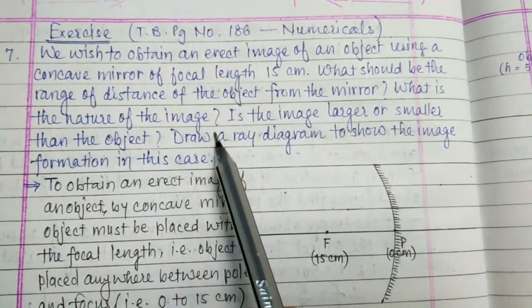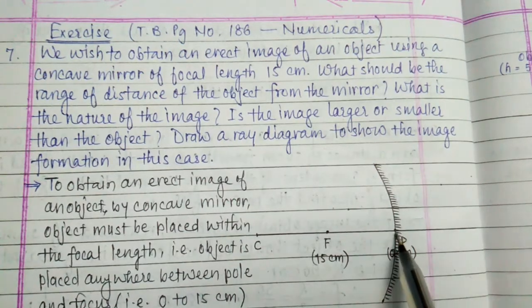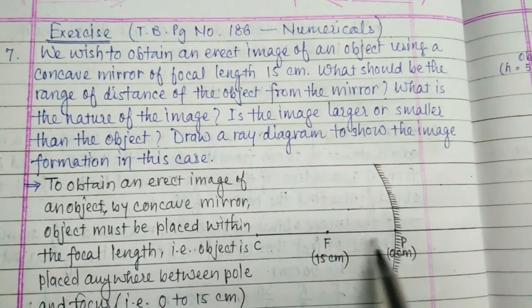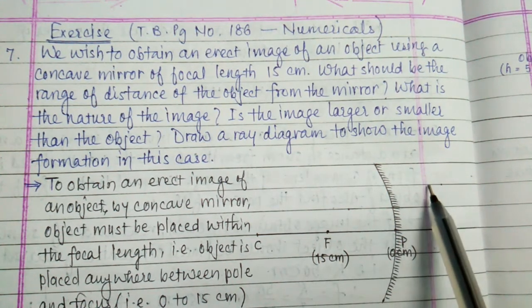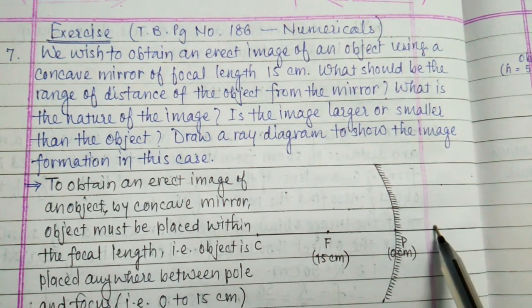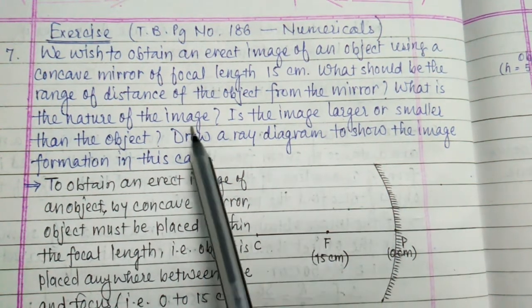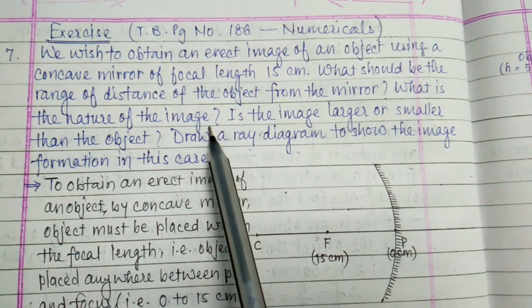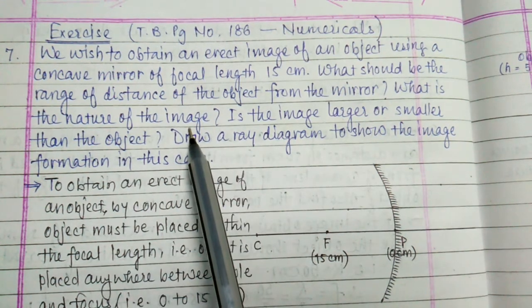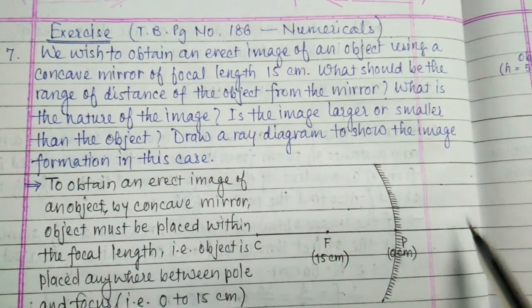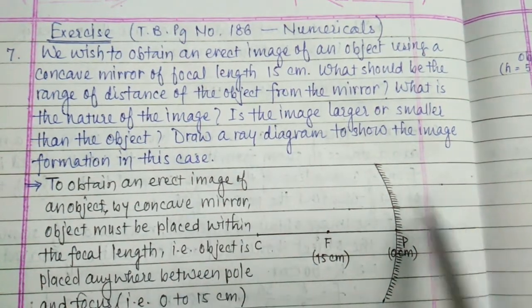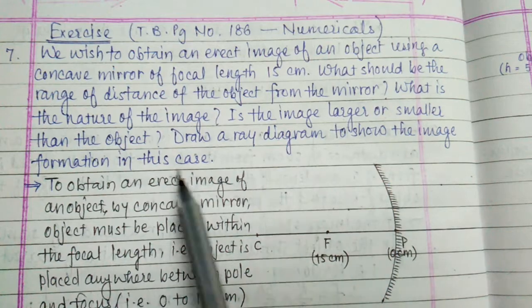What is the nature of the image? So if we put object in between P and F, the image is erect and enlarged, and the nature of image is virtual. Is the image larger or smaller than the object? It is enlarged image. Draw a ray diagram to show the image.